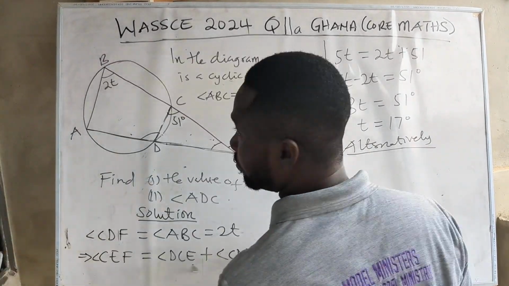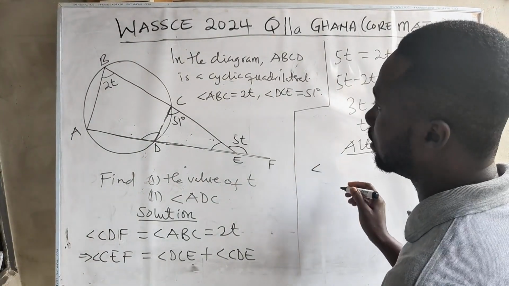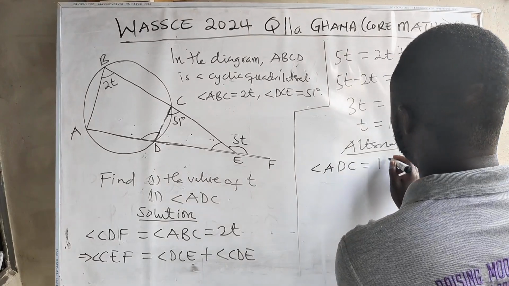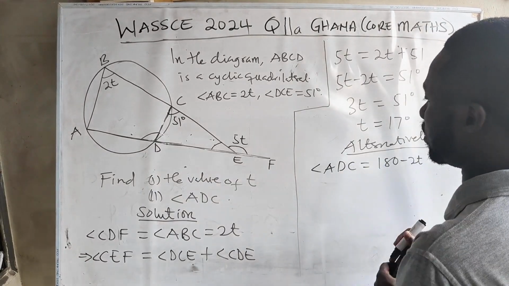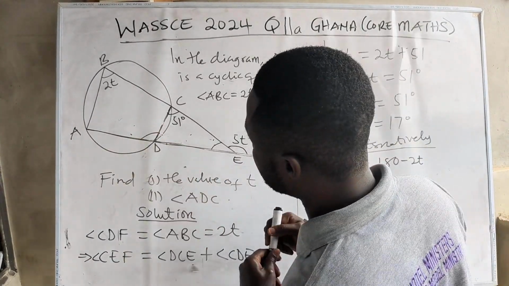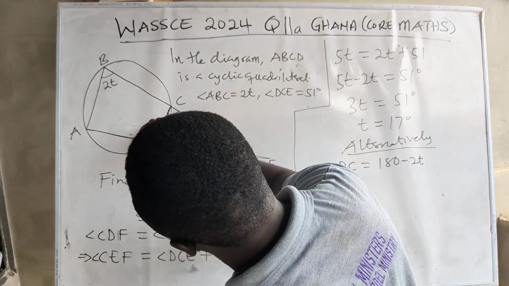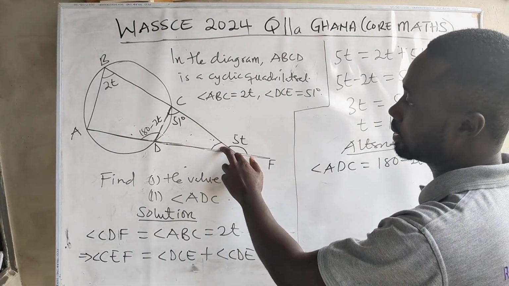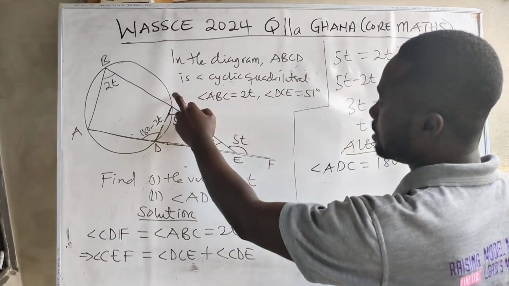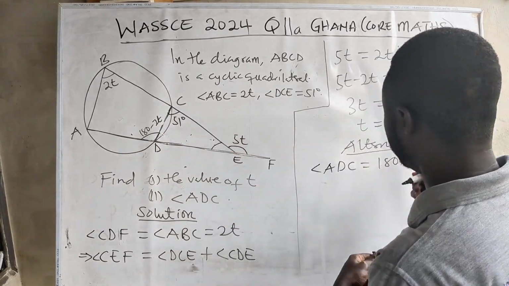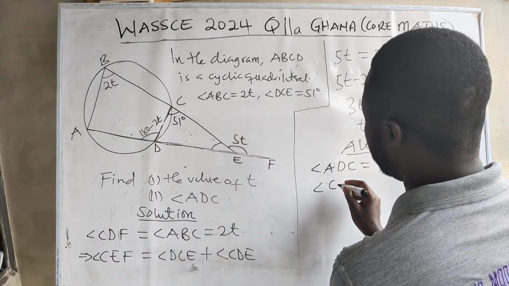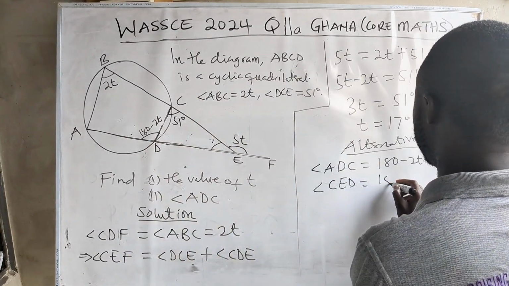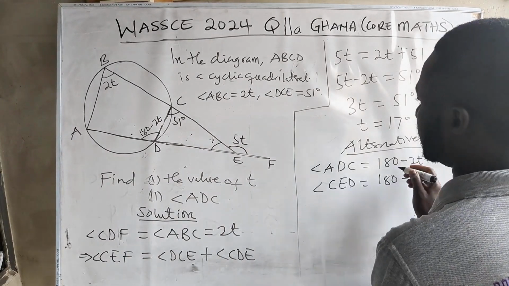My angle ADC is going to be 180 minus 2t. And then my angle CED is 180 minus 5t.